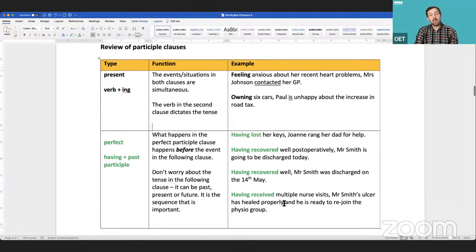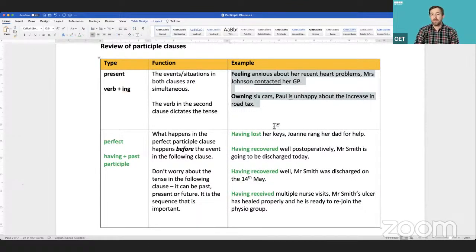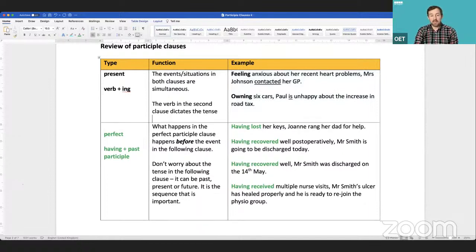And also, this one, which is really good for OET, the perfect participle, we make mistakes with this because we're thinking about this. So my advice to you guys is avoid it. Don't use it. We'll do some practice today on it, but we'll see that it's not really that good. And I think that there are other better ways of doing it. But I suppose this is an okay one.